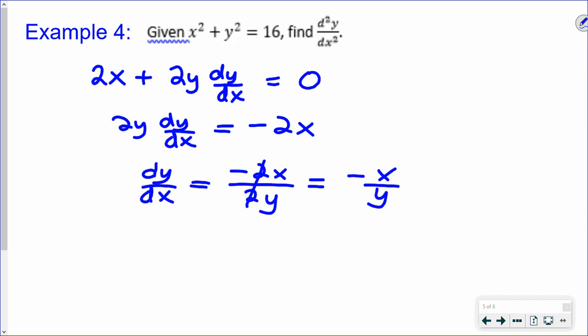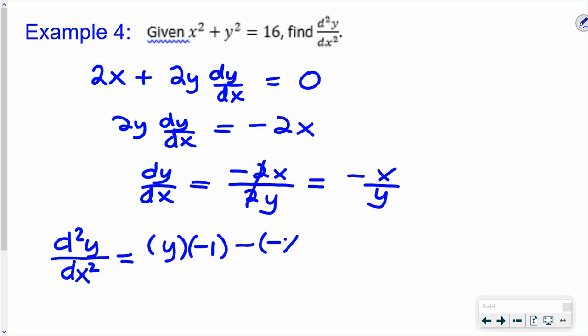Okay, so that means to find our second derivative, we'll have to use quotient rule. So it would look like this: low d high minus high d low. Now the derivative of y is 1, but then times dy over dx. Okay, all over low squared.